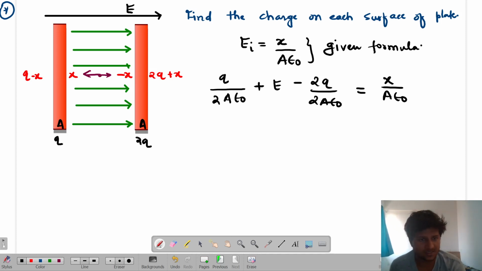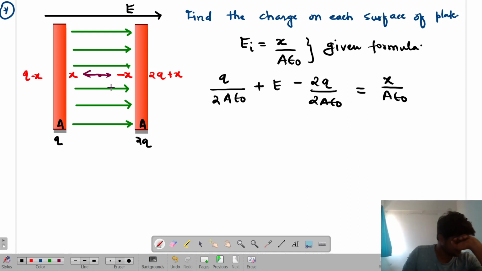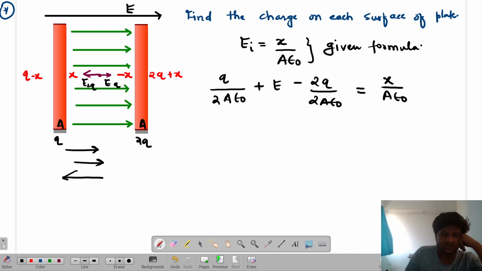So select any point, and then just find the electric field there. For this Q, E due to Q will be in this direction, and E due to 2Q will be in the opposite direction, isn't it? So the net electric field in this region will be E due to Q plus the external electric field minus E due to 2Q, and that must be equal to X by A epsilon naught.